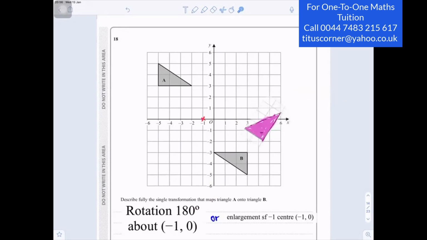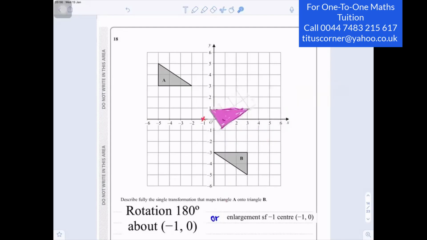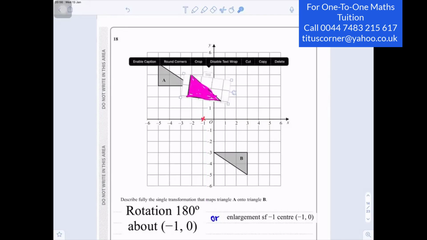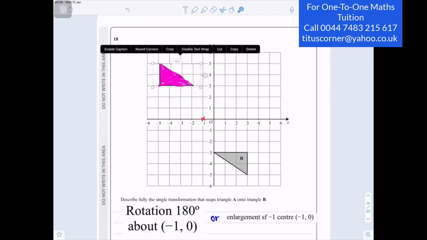So what we have here is that triangle, and we have the triangle initially. Let me bring it up so you can see. So the triangle is like that. I hope you can see. I fit the pink triangle on top.